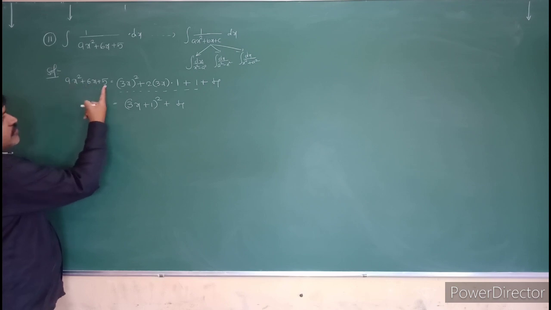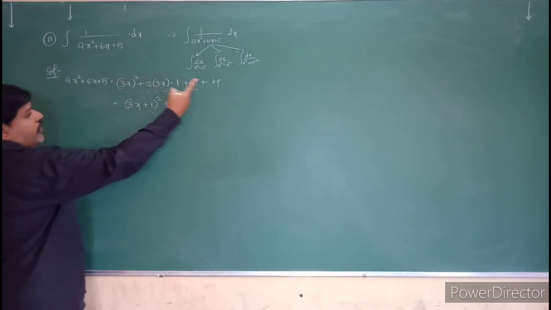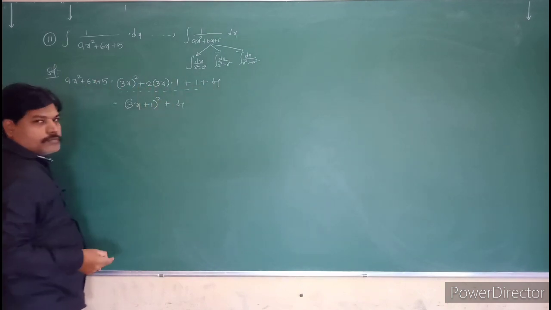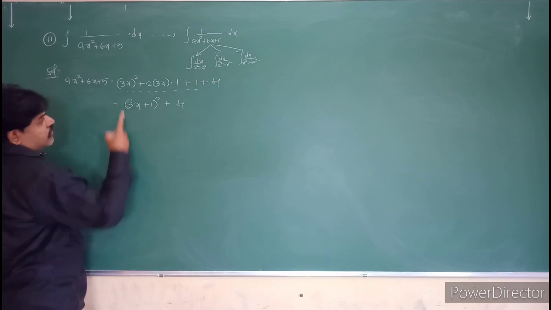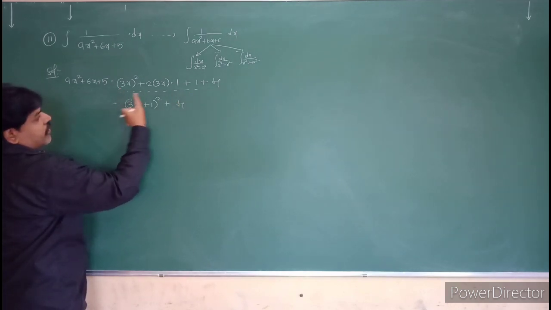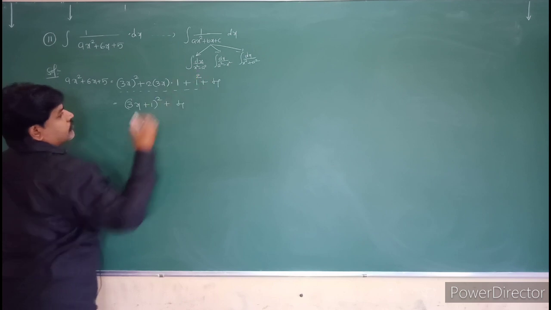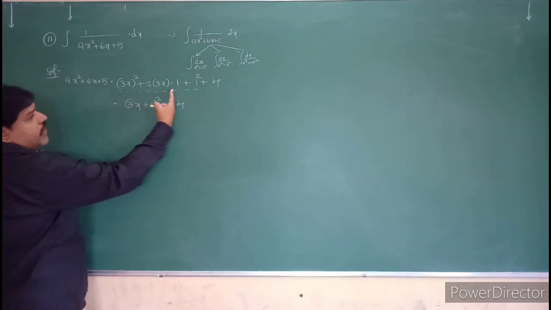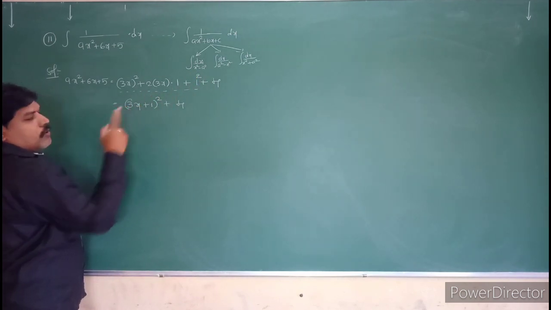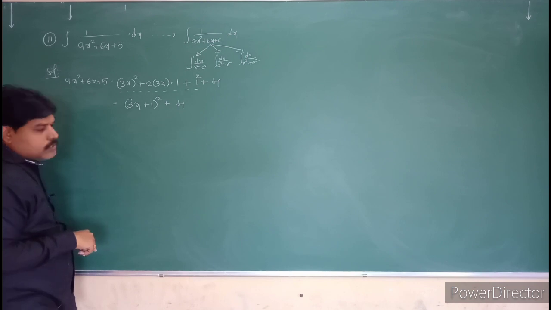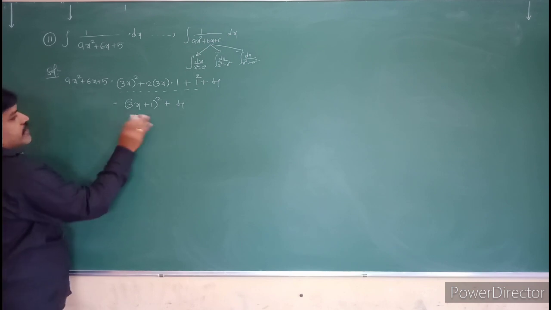In 9x square plus 6x plus 5, this 5 I have written as 1 plus 4. That's all. These three terms become a square plus 2ab plus b square, which is a plus b whole square. So a plus b whole square plus 4. This is the form.